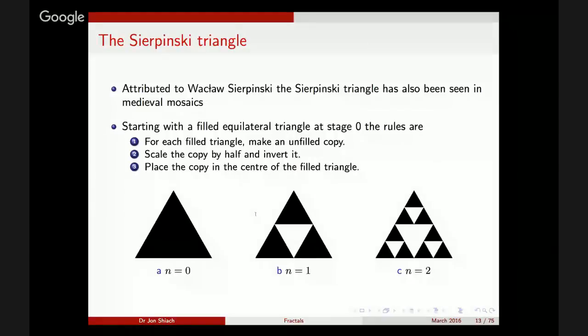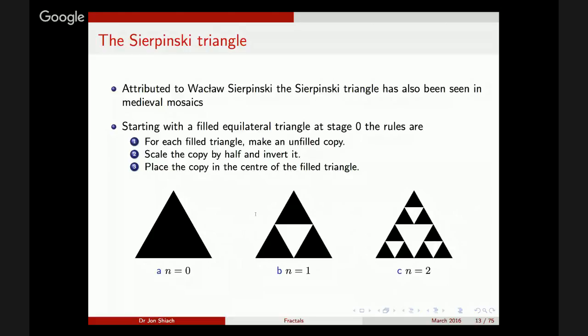Okay, another one. This is quite a neat one. Sierpinski triangle. The rules are you start with a filled triangle, normally an equilateral triangle. And what you do is you remove an inverted triangle from the middle. So you take the triangle, you scale it down by half, flip it upside down, and colour it in white.